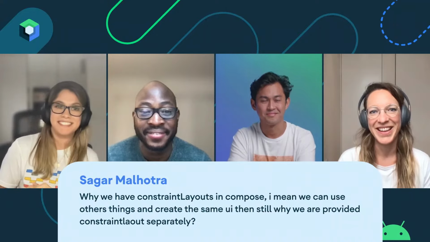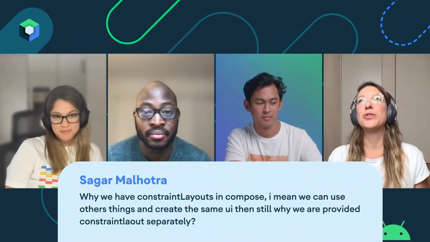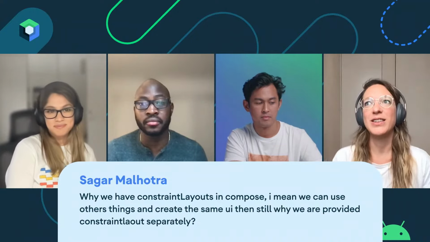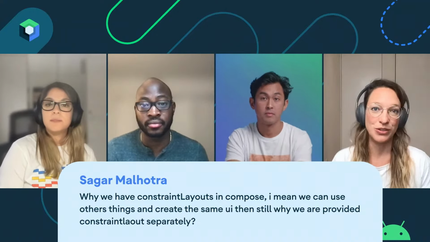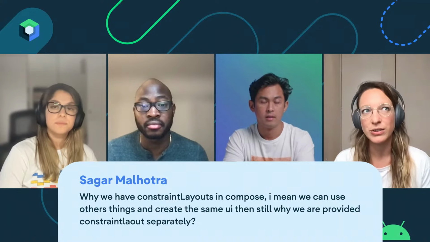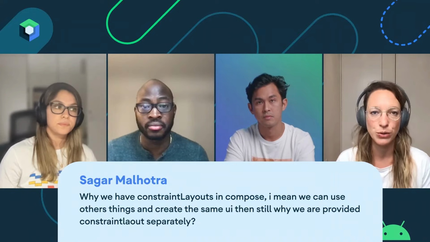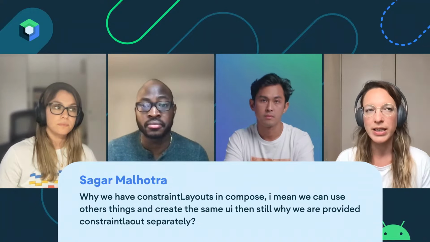Yeah, sure. I think the short answer is sometimes it's more readable. The long answer is yes, you can do everything with nested rows and columns if you want to.